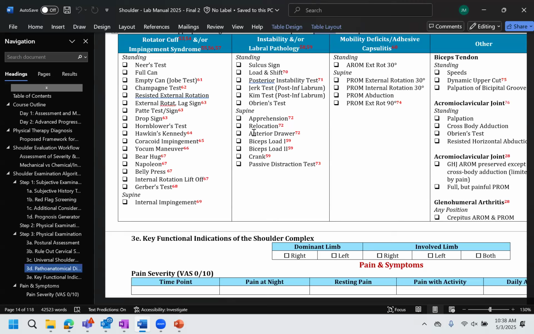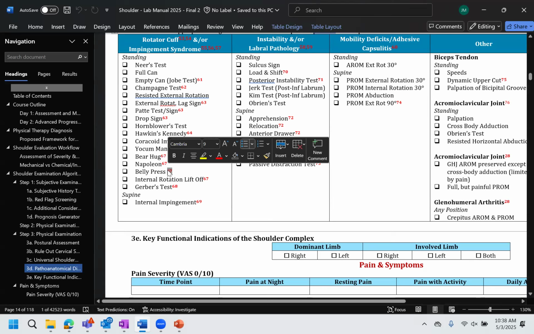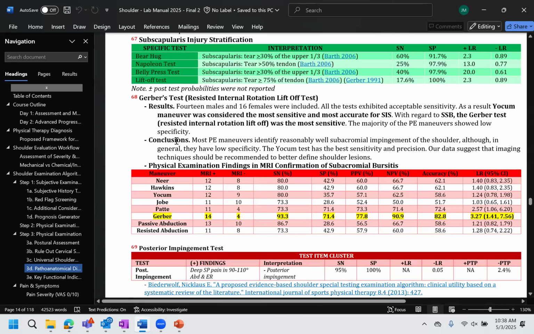If they have implications within this test itself, right, and just for a quick reference, your belly press, I think it's number 67 that I have it. So you can grade the stratification of the extent of the disruption and how much.